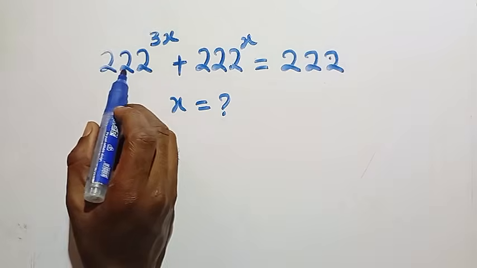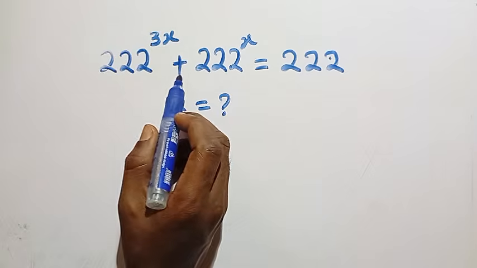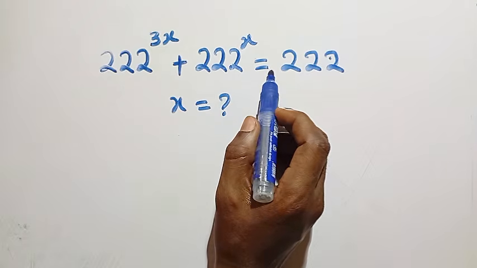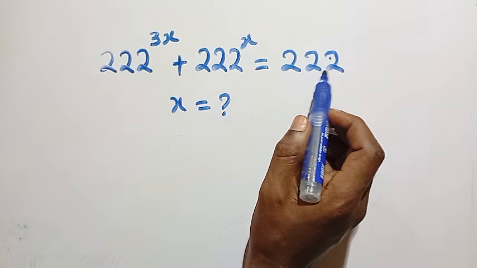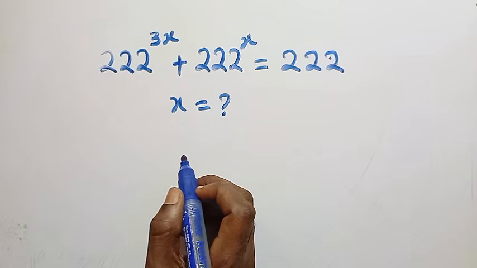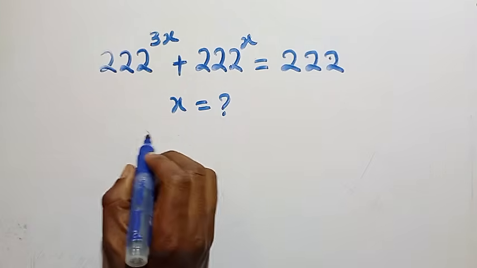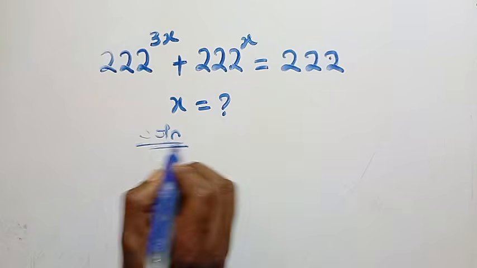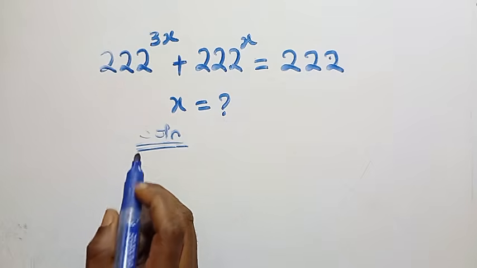So we are given 2 to the power of 3x plus 2 to the power x equals 2^2. Which kind of equation is this? All right, to avoid jumping into conclusions, let's solve first.